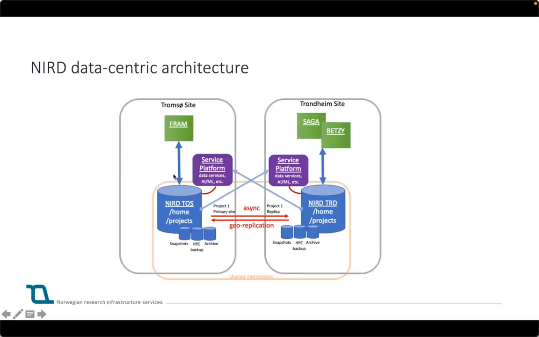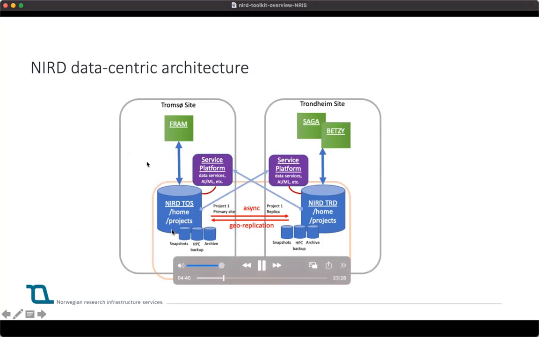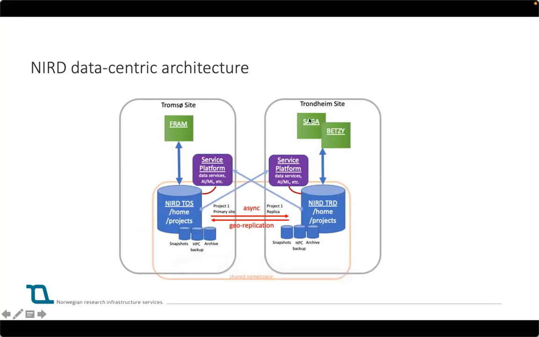So yeah, NIRD is considered a data-centric architecture, and it has 2 sites, one in Tromsø and one in Trondheim. And for most projects, the data is replicated, so it exists on both clusters.